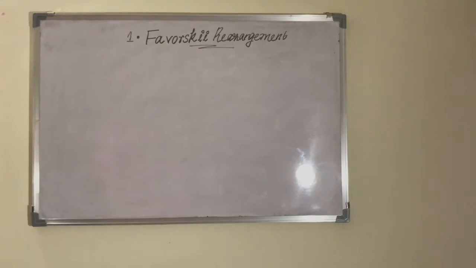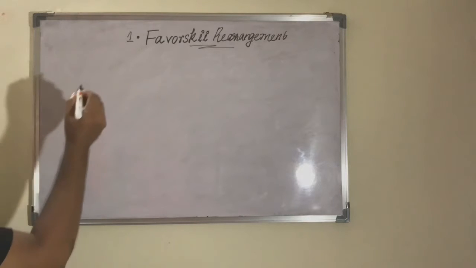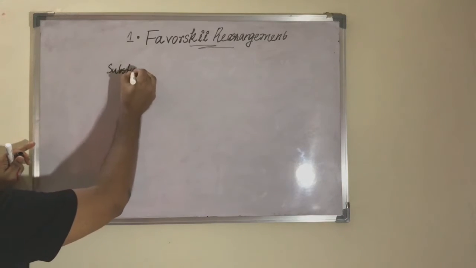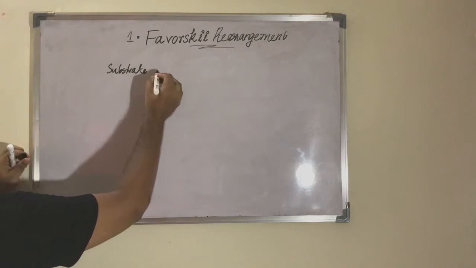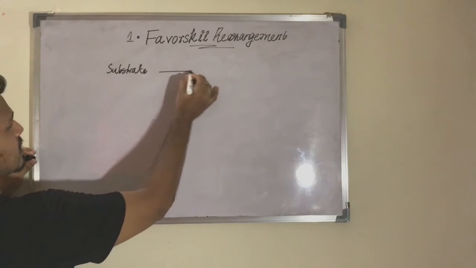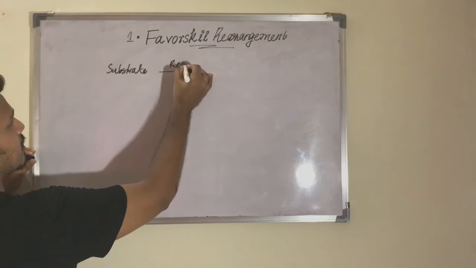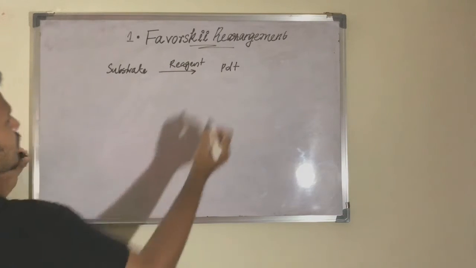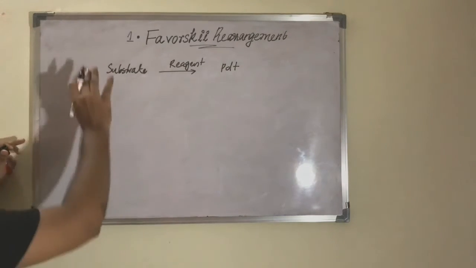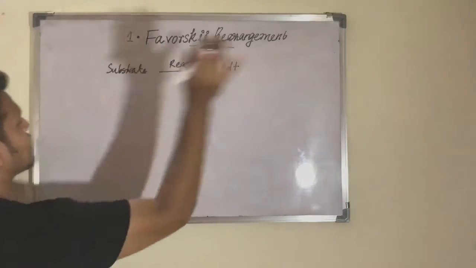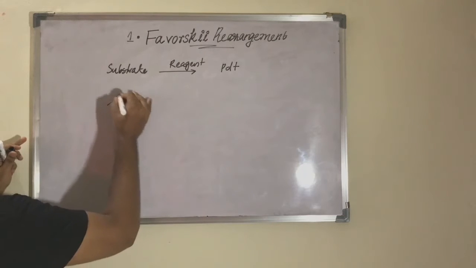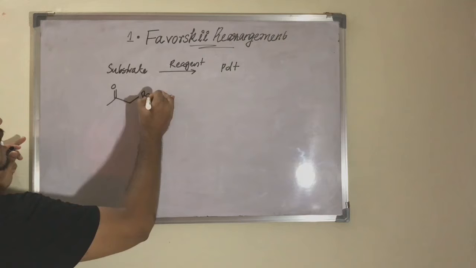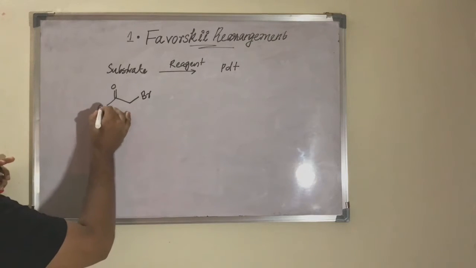In a reaction, first of all, we have a substrate, and clearly you will have a reagent, and finally you will have a product. The most important thing regarding this reaction is that the substrate should be an alpha haloketone. So this is CH3.